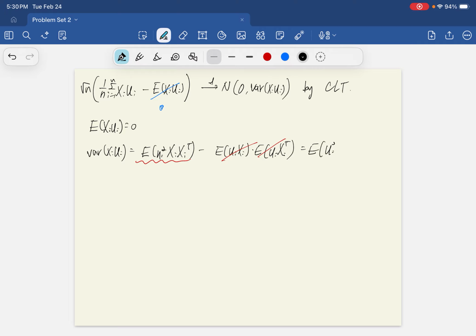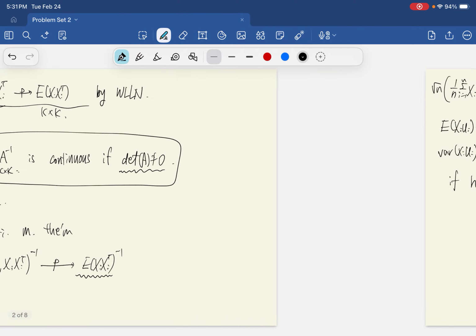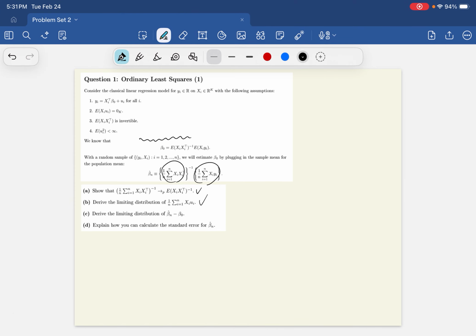If you have the homoscedasticity assumption such that expectation of u_i squared given x is sigma squared, then this becomes sigma squared times Σ_x, but without that information we get just this. Okay, that's the second part, right? We just finished the second part.